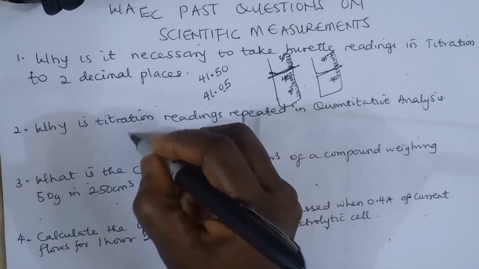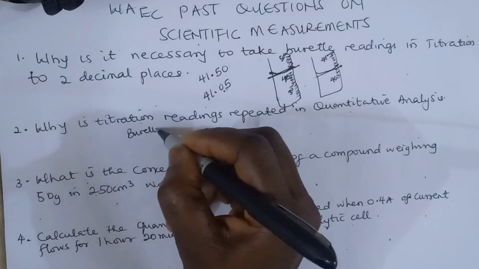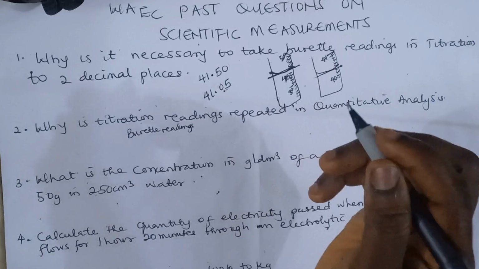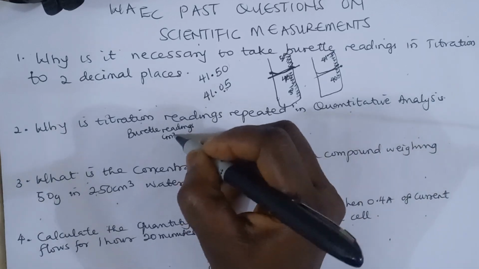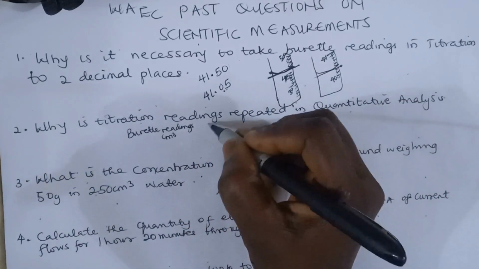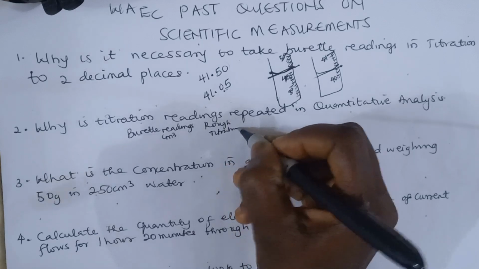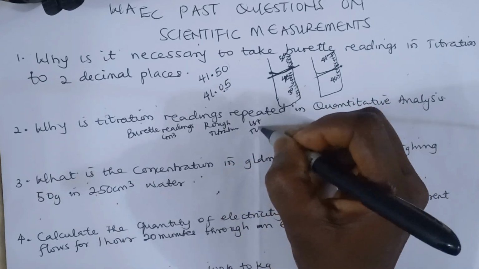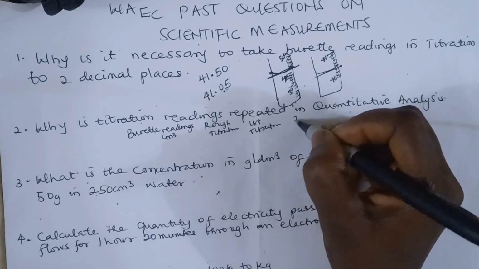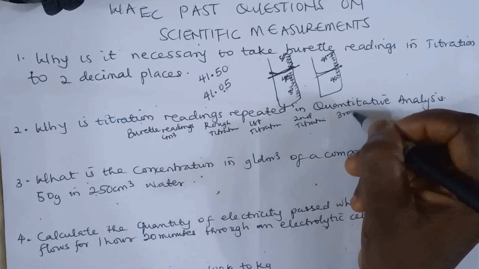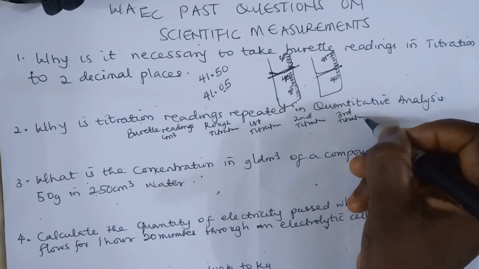Take for instance now, as a WAEC student, you will be asked to make tables of Burette readings in titration, which is usually in this form: rough titration, first titration, second titration, third titration.